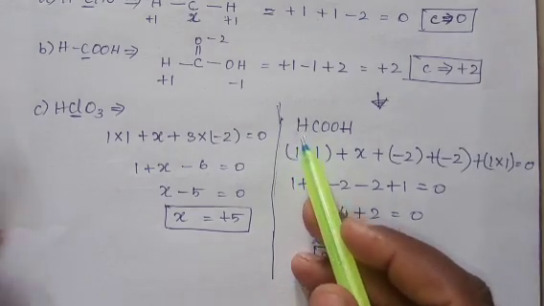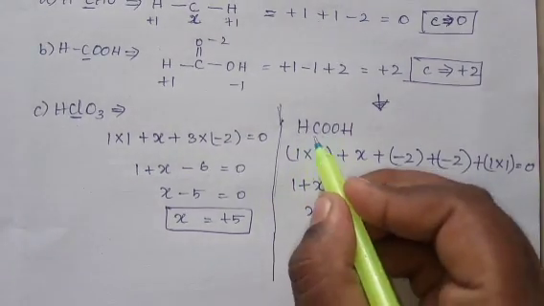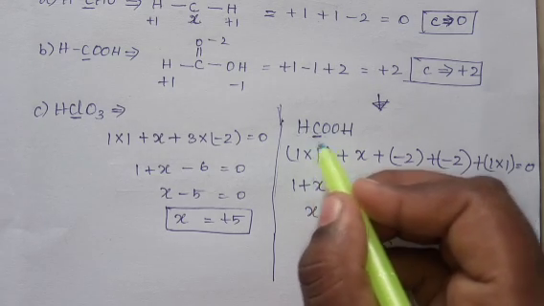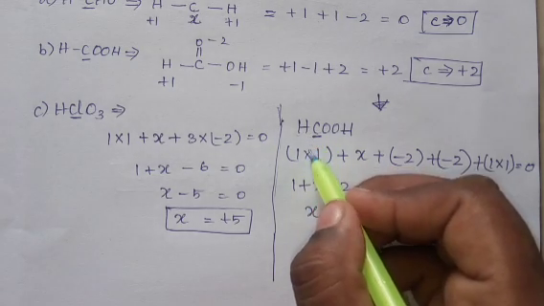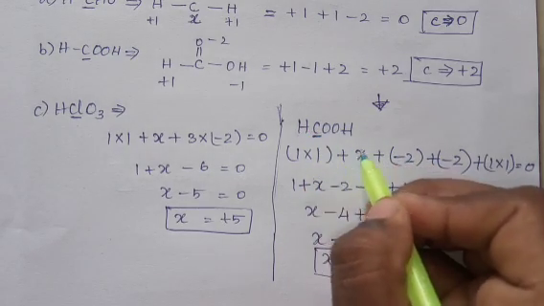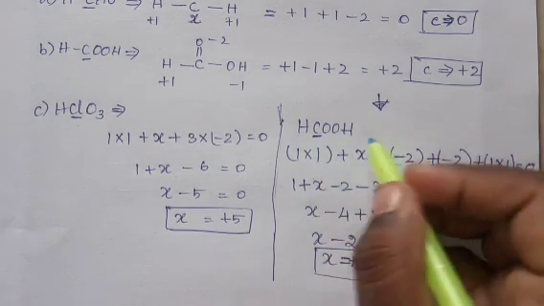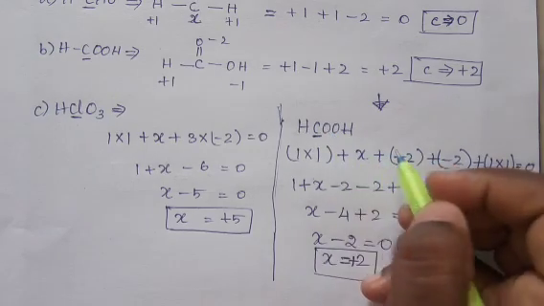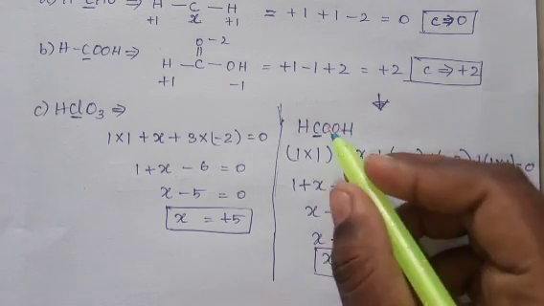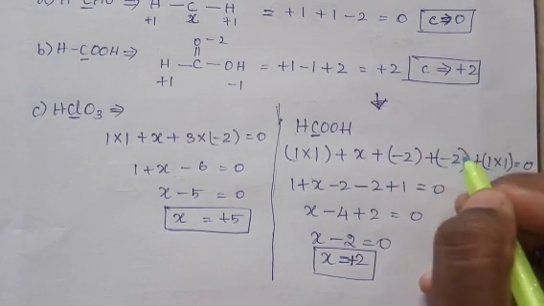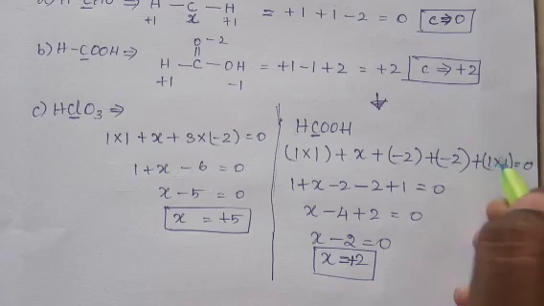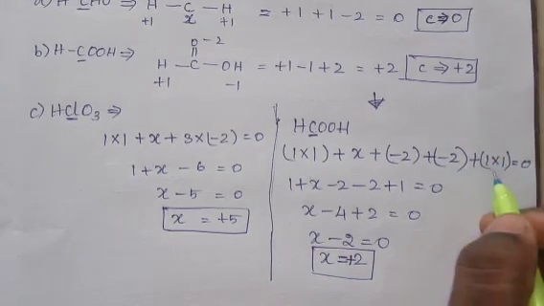So for HCOOH, C is the underlined one. So for H, what is the oxidation number? Nothing means it is 1. So 1 into the oxidation number of H, 1, plus X. We have to find this X, plus for oxygen, what is the oxidation number? Minus 2, and again plus another minus 2, plus for H, 1 into 1, is equal to 0.